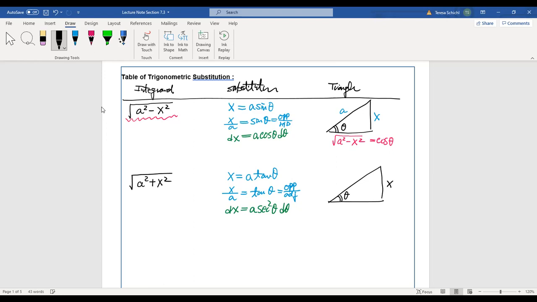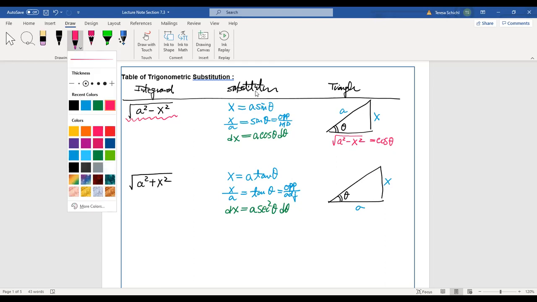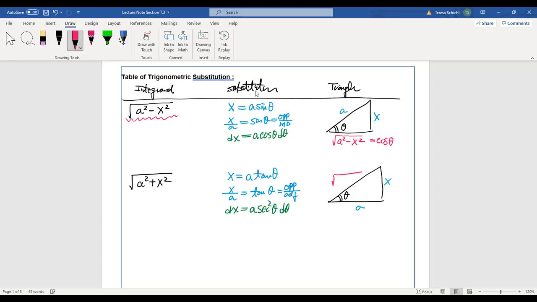Let me use the color coding, so that would be good. So this is x over a. And then by the Pythagorean theorem, what is the hypotenuse? The hypotenuse will be the square root of a squared plus x squared, right?